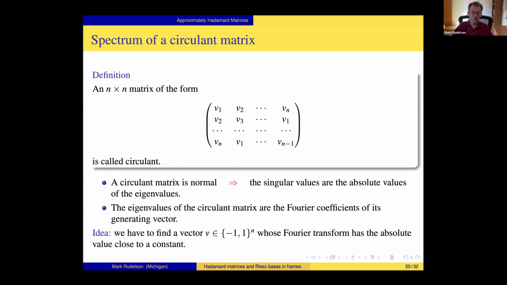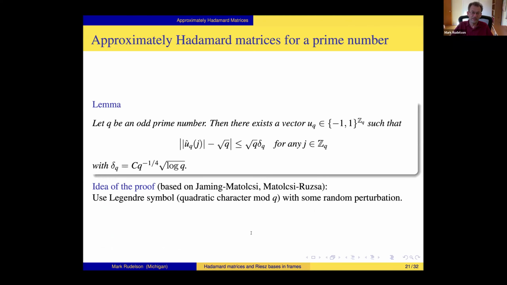So we have to find a generating vector, a vector with plus minus 1 coordinates, whose discrete Fourier transform has absolute value close to a constant. And again, we search the books and find almost what we need, at least if n is a prime number.